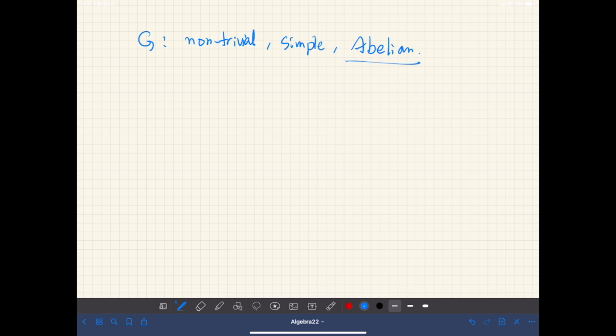But we are saying it's a simple group, which means there are no proper normal subgroups in G by assumption. But any subgroup is normal in an abelian group. So this implies that G has no proper subgroups.